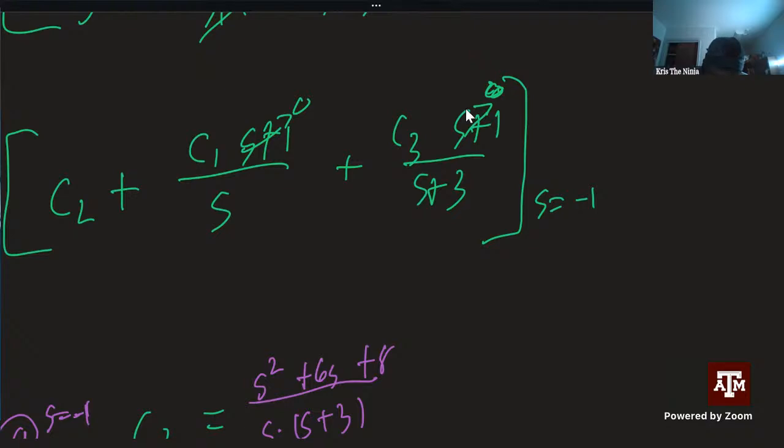So you have a -3/2 that equals C2. So scrolling back up, we can put -3/2 at the C2 value. And the final one is C3.